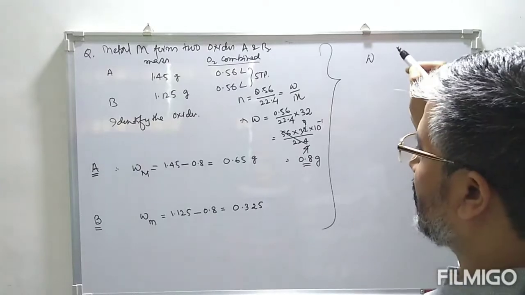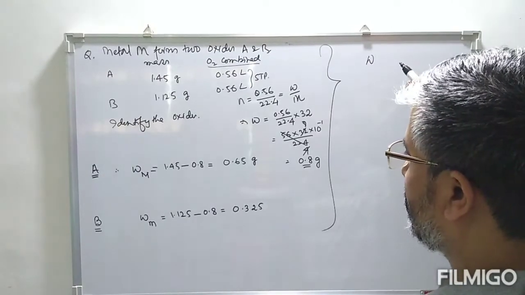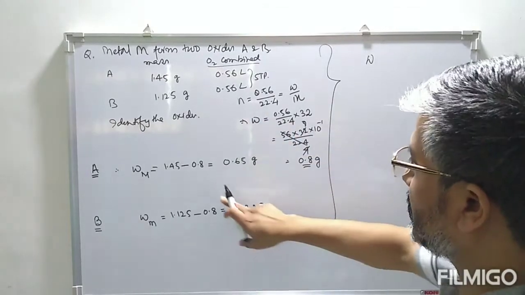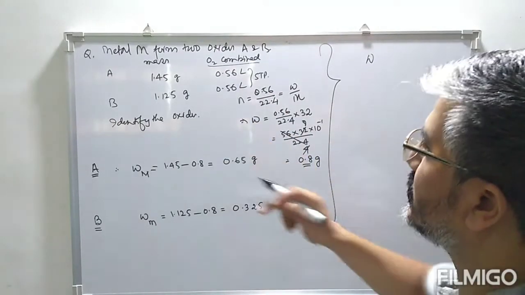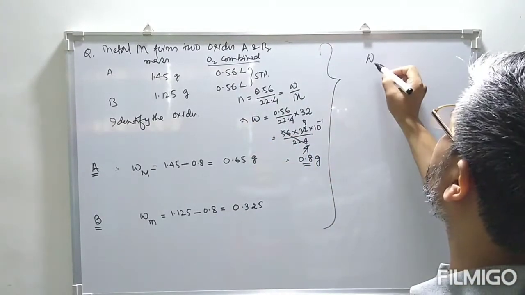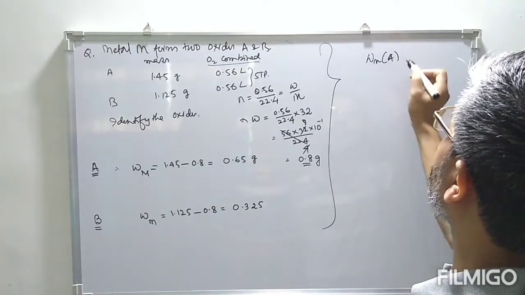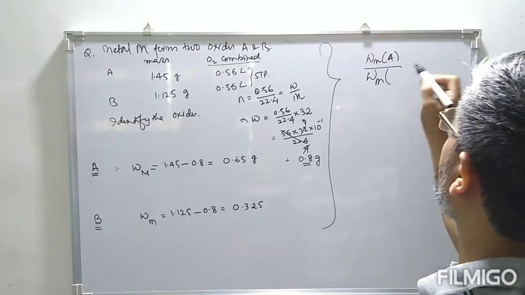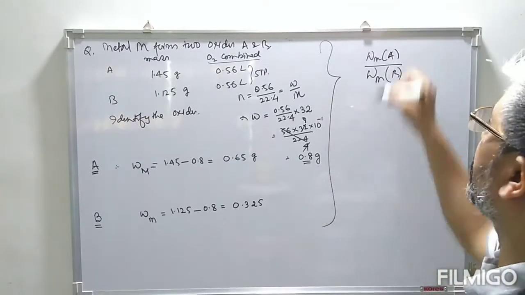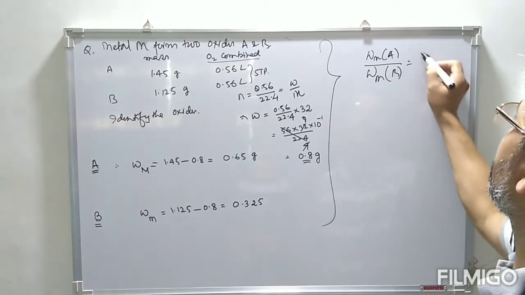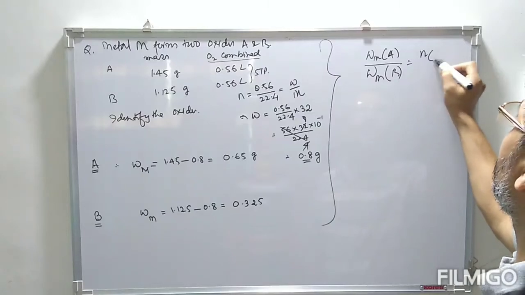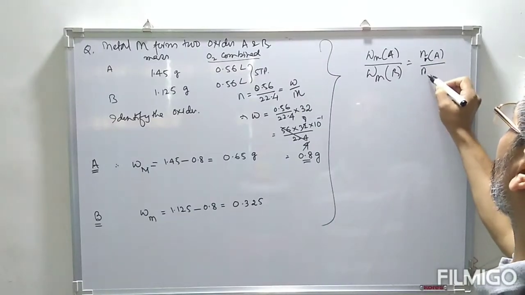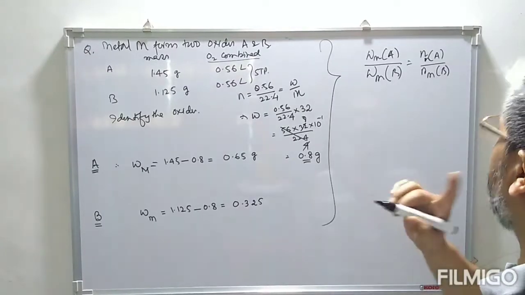For a fixed mass of oxygen, we take the mass ratio of metal: mass of metal in A divided by mass of metal in B. Now divide this mass by molar mass, we take number of moles of M in A divided by number of moles of M in B.